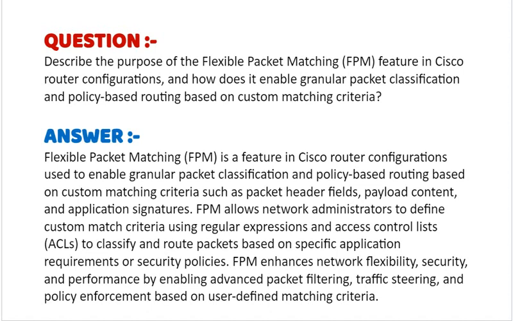Your answer should be: flexible packet matching (FPM) is a feature in Cisco router configurations used to enable granular packet classification and policy-based routing based on custom matching criteria such as packet header fields, payload content, and application signatures.